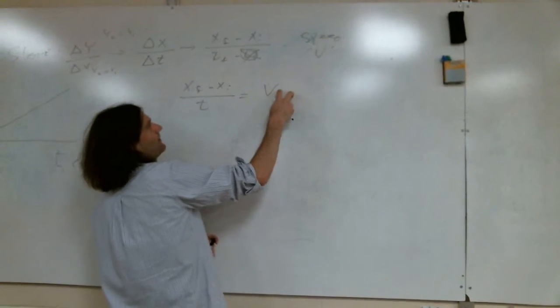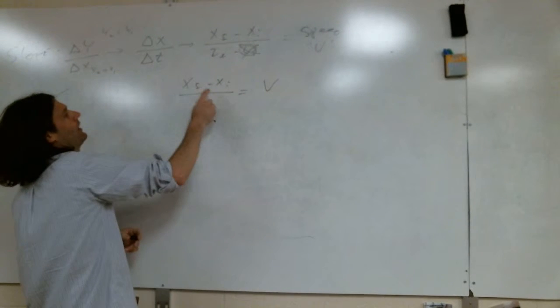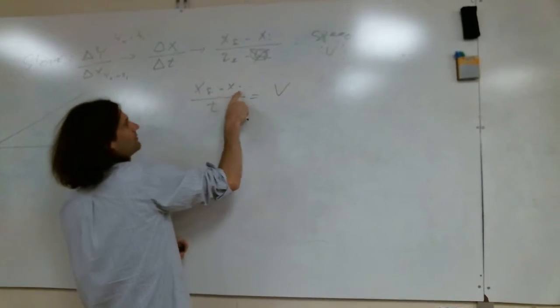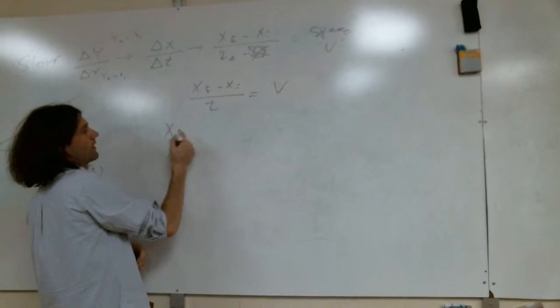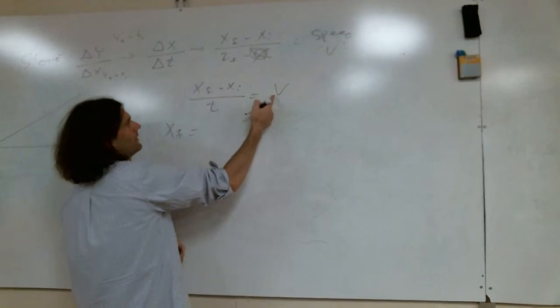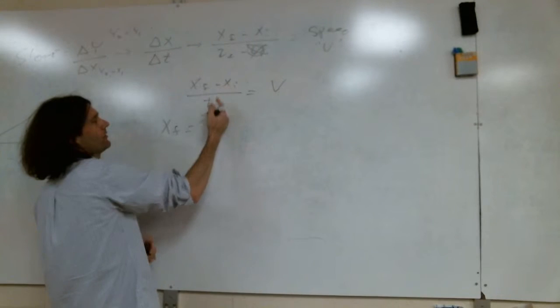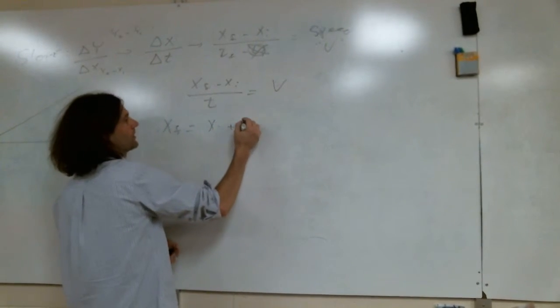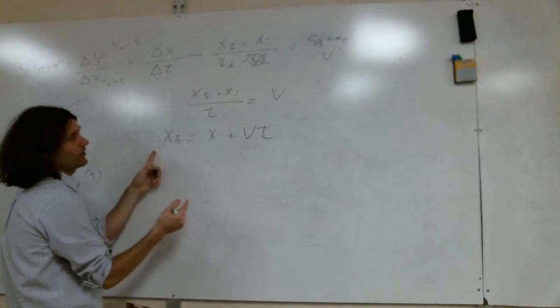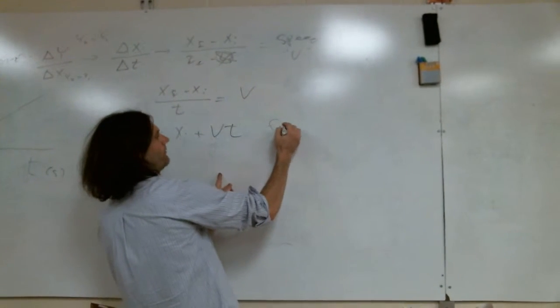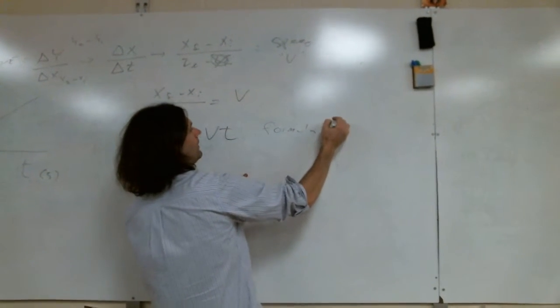I will multiply the v by the t, and I will then push the plus button so the xi moves over. So this will be an xf, wherever you are, is this vt plus your xi, wherever you started, plus velocity times time. This should look strikingly identical to what I've called before Formula 1.